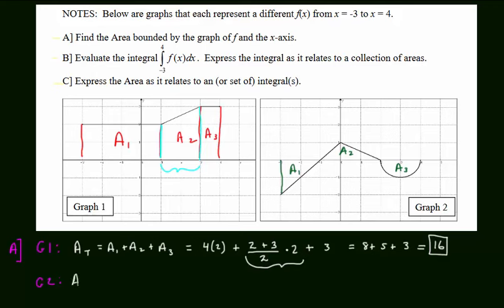The second graph, the total area, is again A1 plus the A2 plus the A3. We're only going to consider the positive quantities for area.